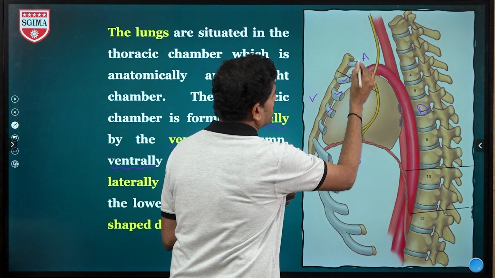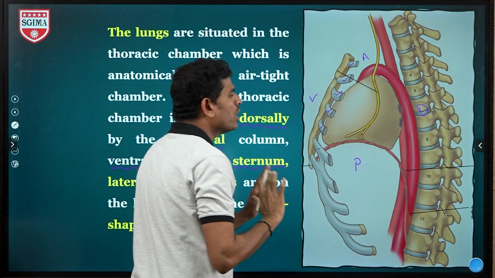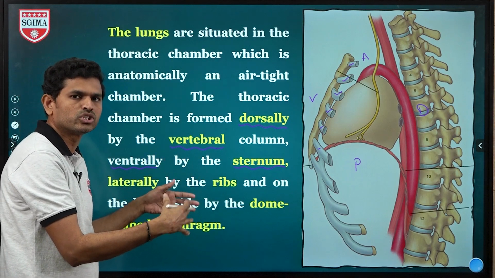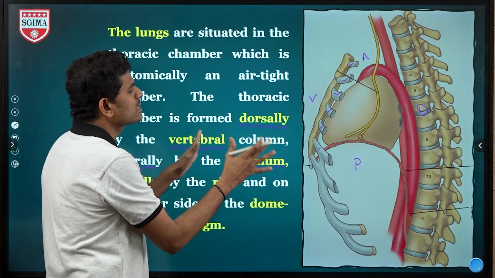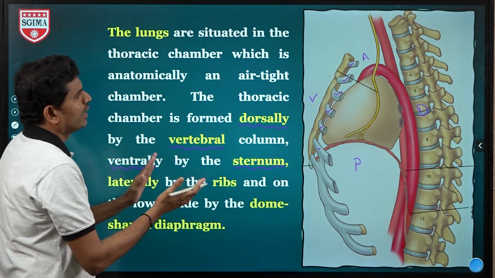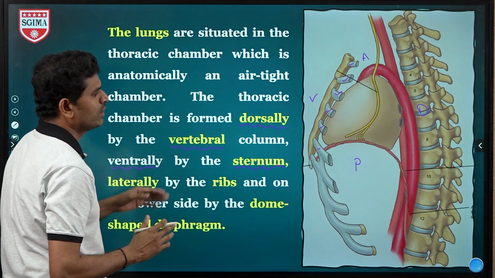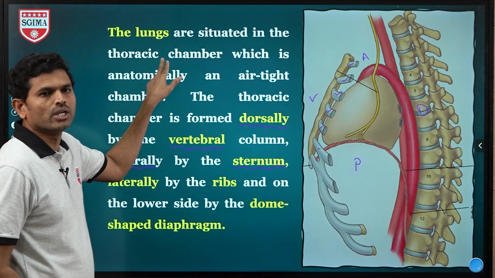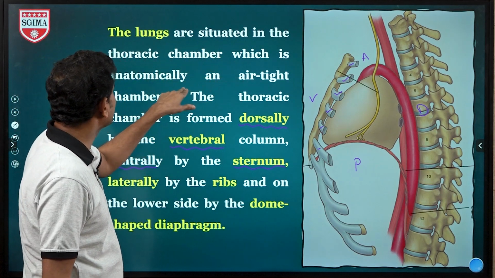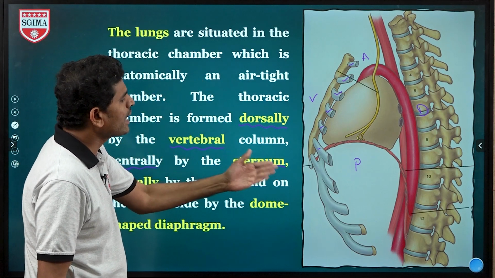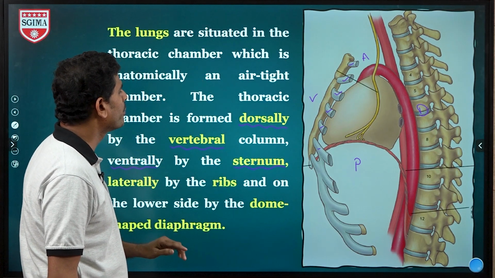Laterally these are ribs. These all combined form an airtight container chamber that protects our lungs very carefully. This is what the slide explains. Let us see it once again. The lungs are situated in the thoracic chamber, which is anatomically an airtight container. How is this formed?